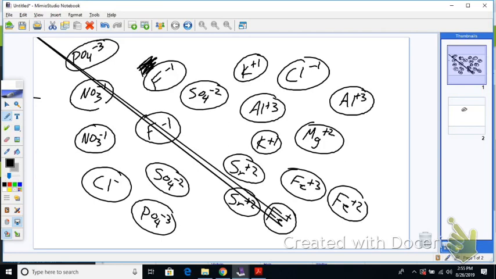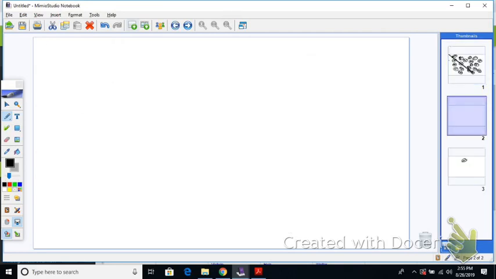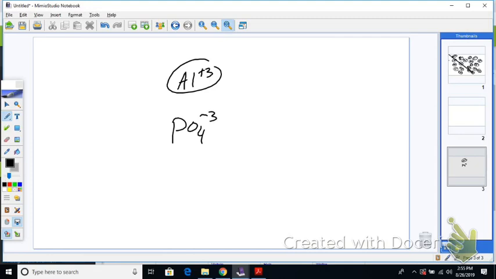Okay, so PO4. How many of each of those do you need to get a charge of 0? So how many Als and PO4s do we need of each to get a charge of 0? 1 of each, right? So our formula would be AlPO4.